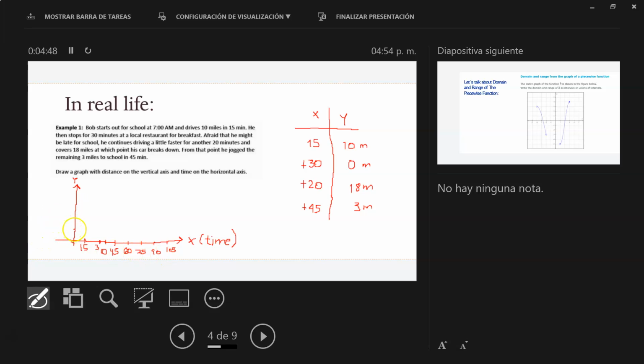And in the miles, we're going to write here 10 miles, 20 miles, 40 miles, and that's it. So the first 15 minutes he drove 10 miles, then he spent 30 more minutes.